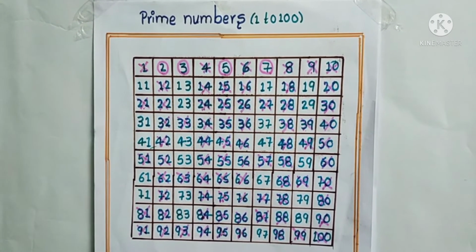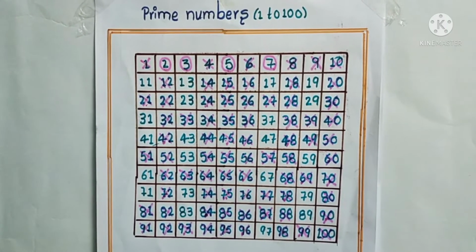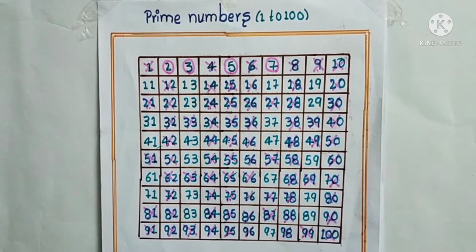Continue this process till all the numbers in the list are either encircled or crossed out.